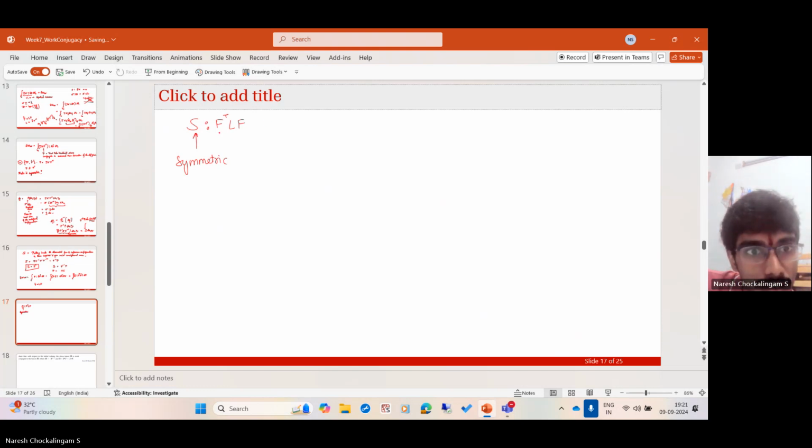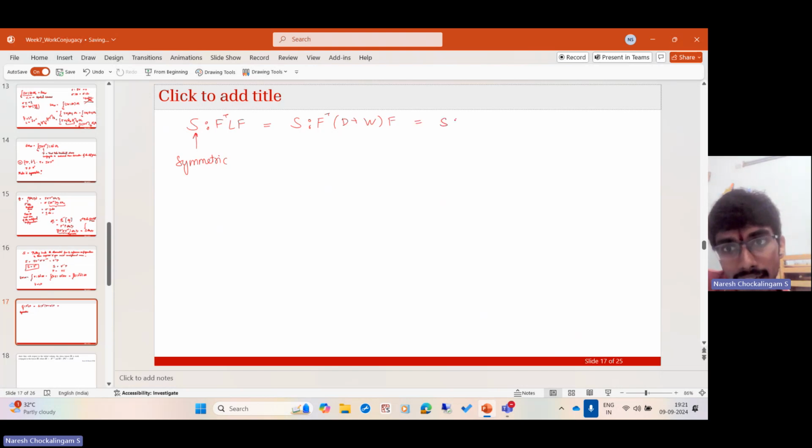So this is equal to S contracted with F transpose (D plus W) F. So this is nothing but S contracted with F transpose DF plus S contracted with F transpose WF. F transpose WF: take this transpose, you get F transpose W transpose F, which is minus F transpose WF.